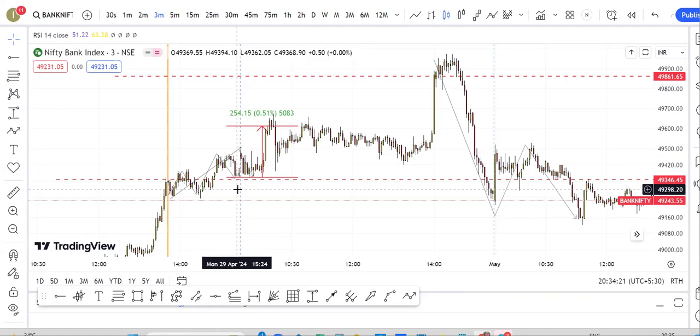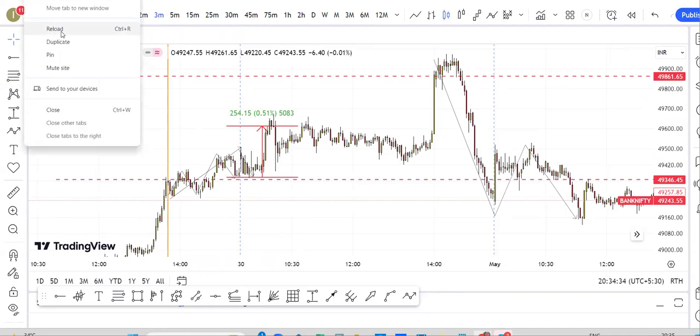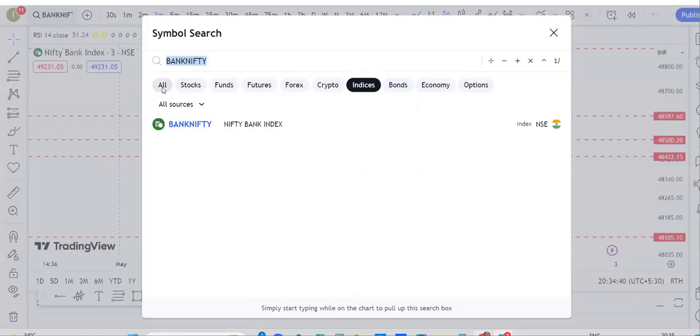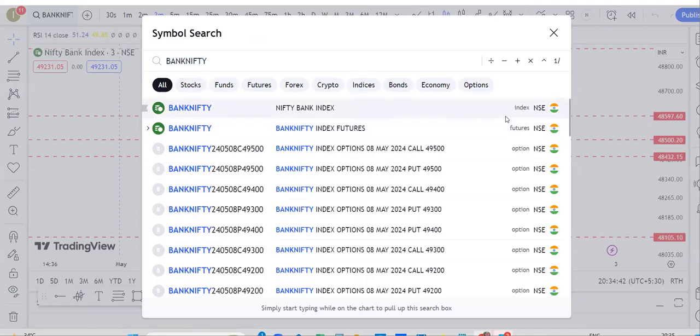So let me go to the same call option chart so that I can show it to you, because let me duplicate this. Duplicate it and let me go there. Click on this. Okay. Already expiry is over, no?